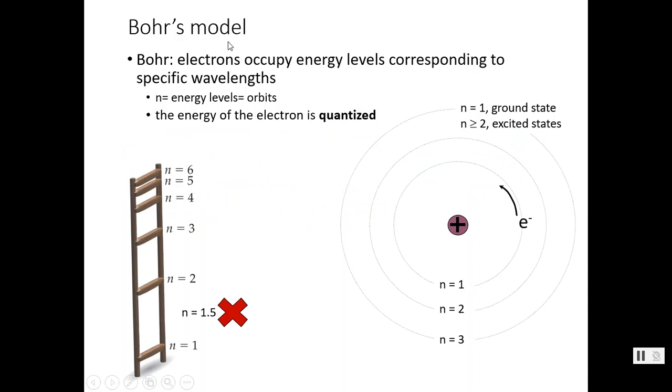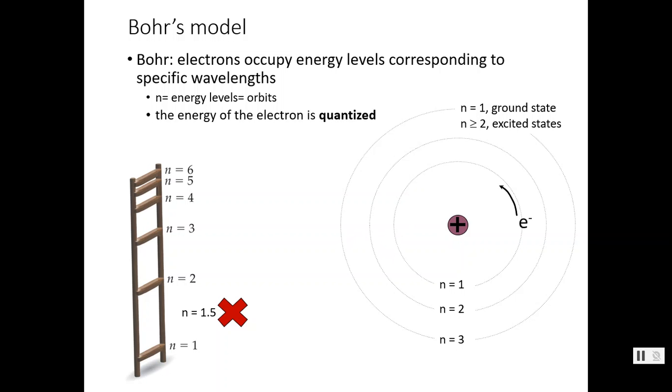Okay? So this Bohr model is something that we're going to talk about in a little more detail with this video. So in the Bohr model, those electrons travel around the nucleus, and those paths that the electrons travel in are called orbits. In this cartoon I have here on the right-hand side, those orbits are labeled in terms of particular n values. So I have n equals 1, n equals 2, n equals 3. Those are the orbits for this model of the atom.